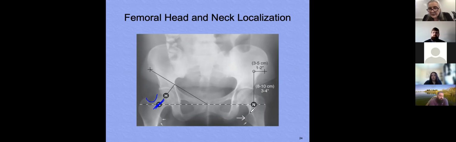Okay, so you can see this is the greater trochanter right there, superimposed over the neck. This is the lesser. Look how huge that is. Lots of times you don't see this when it's positioned correctly like this. Sometimes it's just barely hiding right there.